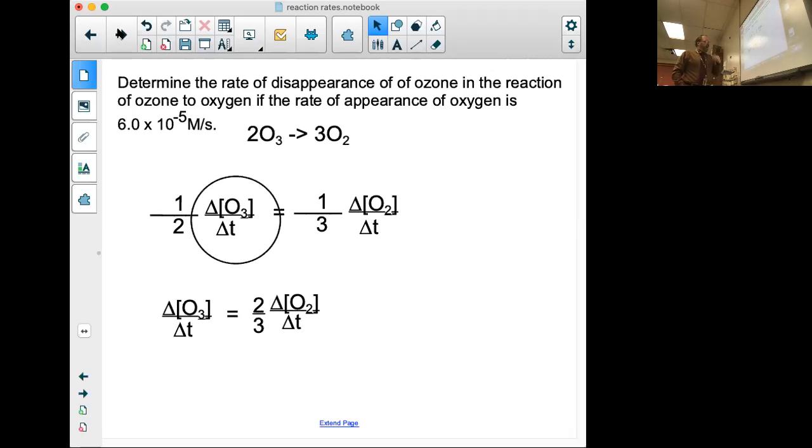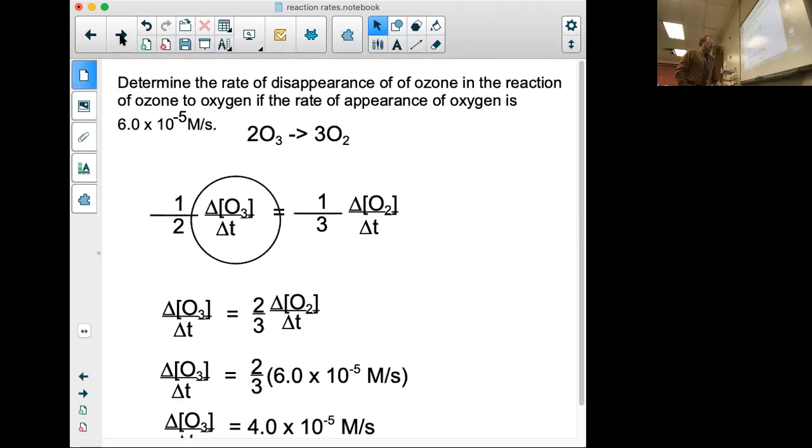So solving, the rate of reaction of ozone is equal to 2/3 the rate of reaction of oxygen. Put a value in. So we have 2/3 of 6.0 times 10 to the minus 5th molar per second. That gives us 4.0 times 10 to the minus 5th molar per second.